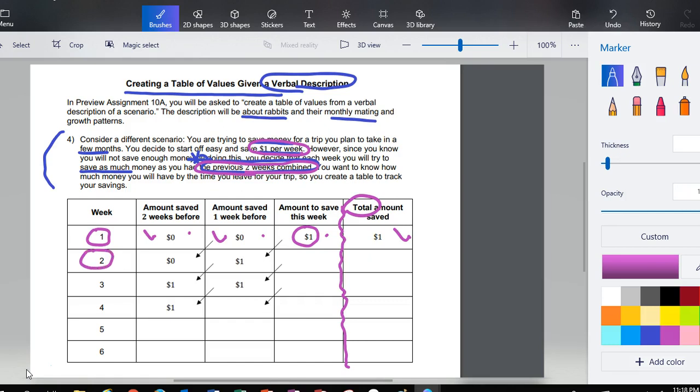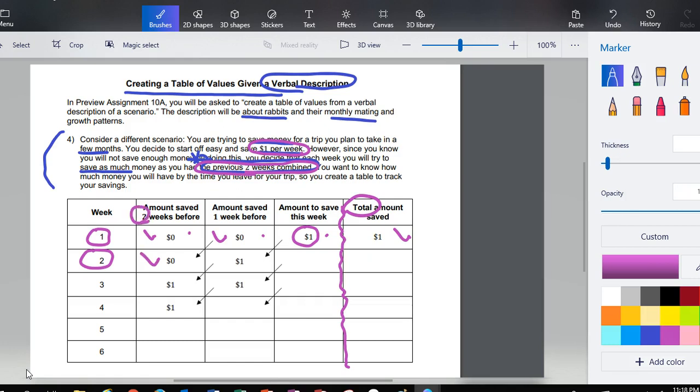Well, let's see if this works from here. Week 2. So week 2, we are now just 2 weeks out. So there's nothing to save just yet from 2 weeks before, because we can't combine or save from the previous 2 weeks as we haven't gone past 2 weeks. So we still have nothing for 2 weeks before.